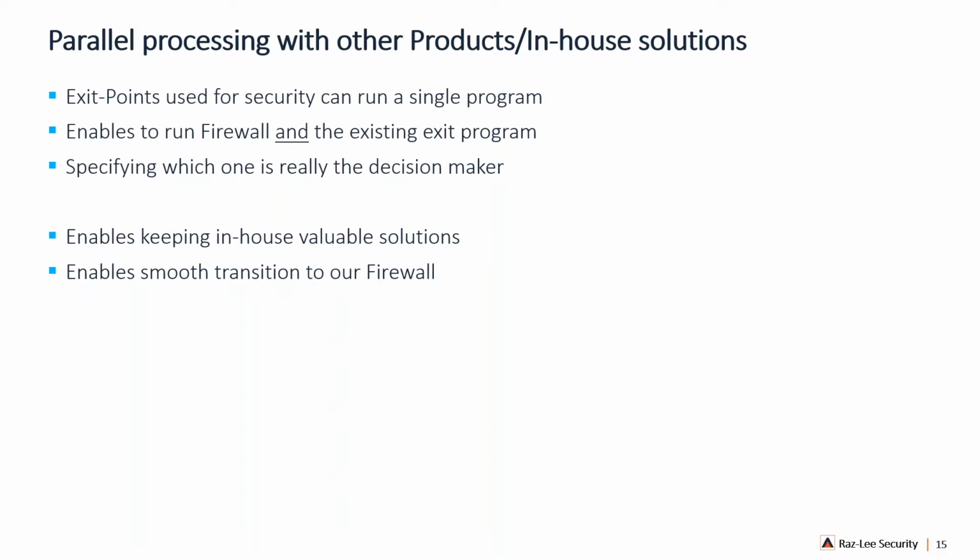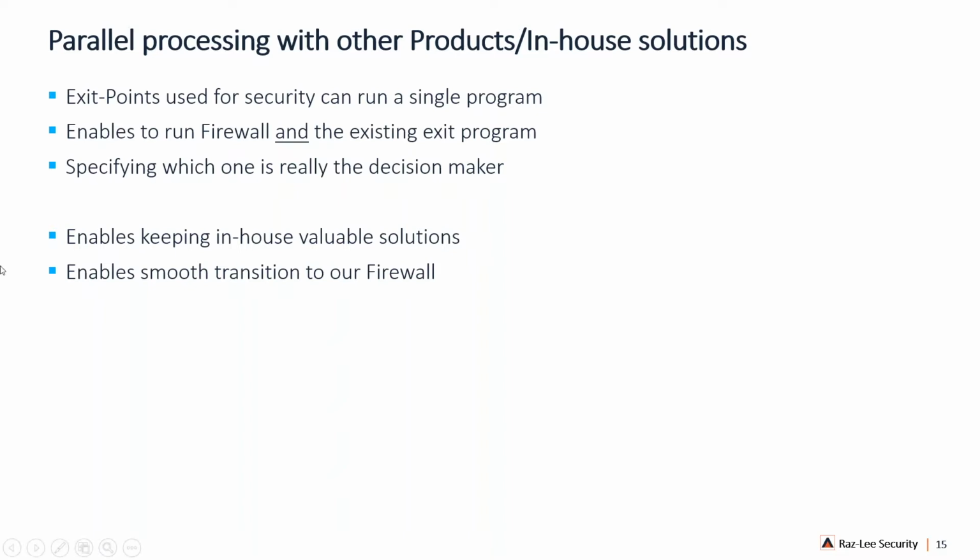Maybe it is an in-house solution which somebody has built for itself to protect something or to add some additional features to the activity. Maybe it's a product of another company which they consider to get a better one. And the question is, how shall we test it if there is only a possibility to run a single protection software?